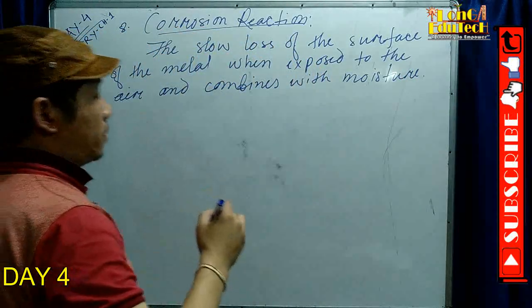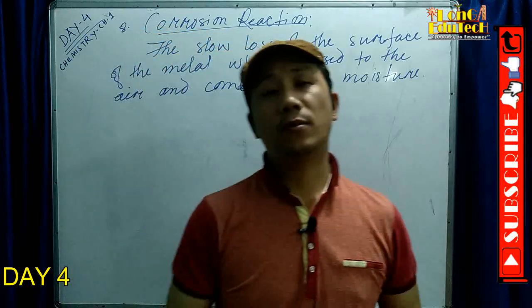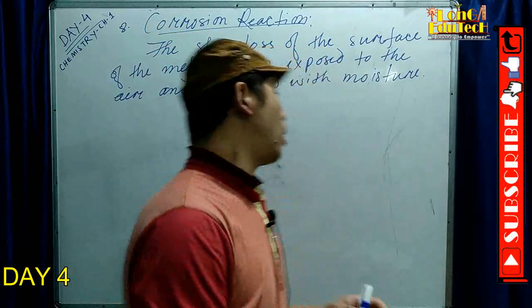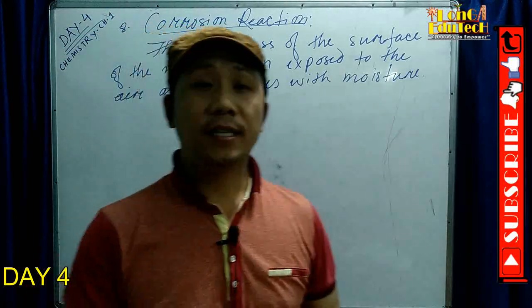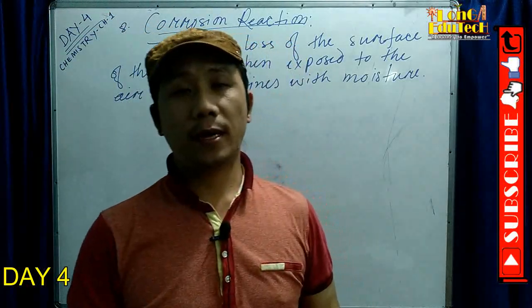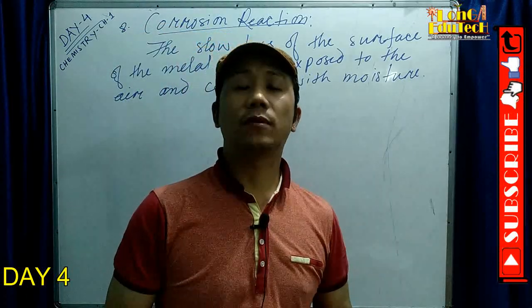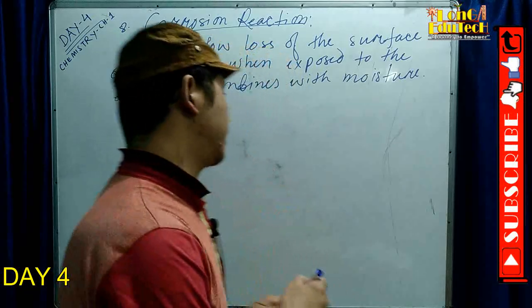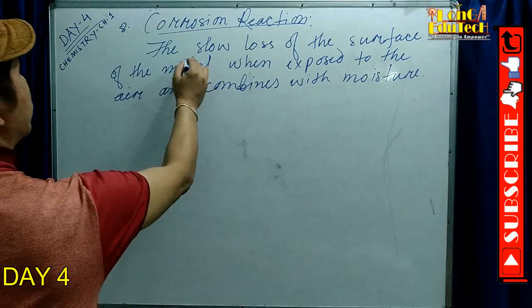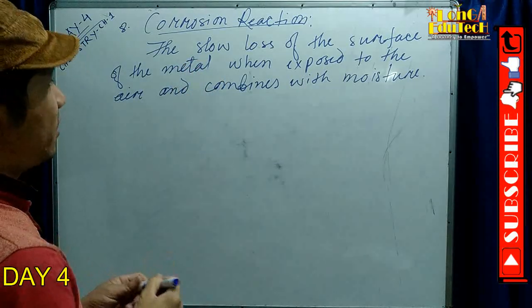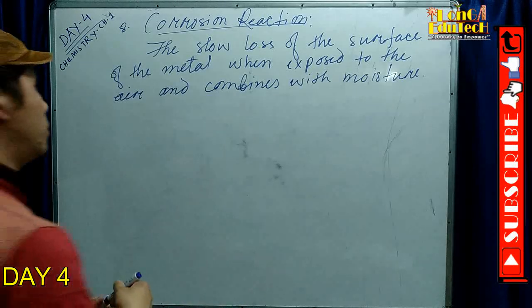In the air, different types of gases will be there, and with them only they react. Corrosion may be on any surface of metals. Next will come rusting, but rusting is meant for iron. The slow loss of the surface of the metal when exposed to air and moisture is called a corrosion reaction.